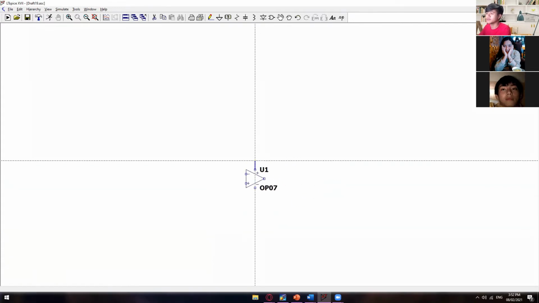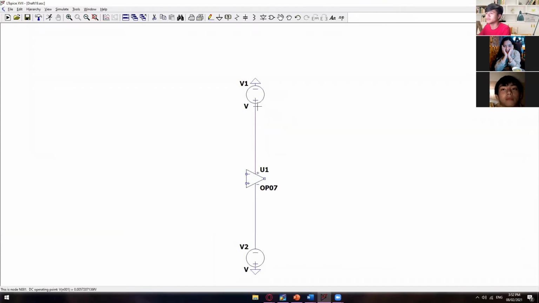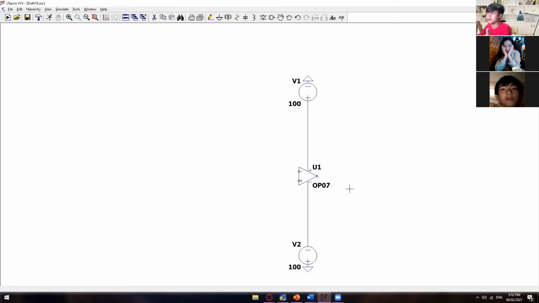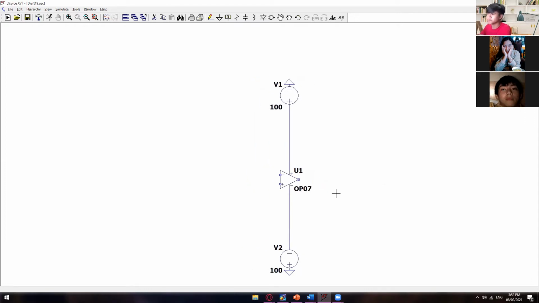And this one, of course, has rail voltages, positive and negative, and those two are grounded. I'll put it to a large value, not the maximum, because we cannot say this is the maximum value, but I'll put here 100 volts. This is already an exaggeration, but just to be safe, because this is the peak-to-peak limitation of our output waveform.